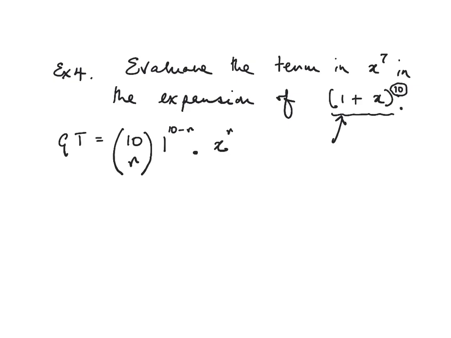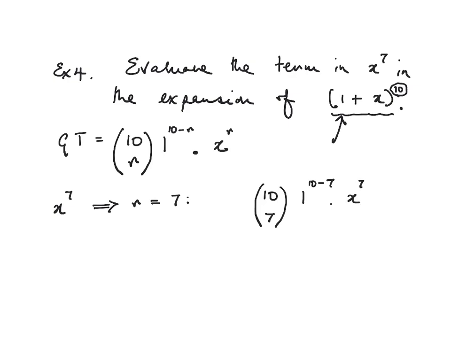This is actually quite a simple question. If we want x to the power of 7, it means that r must have the value 7. So substituting that straight in, we have 10 choose 7, 1 to the power of 10 minus 7, and x to the power of 7.